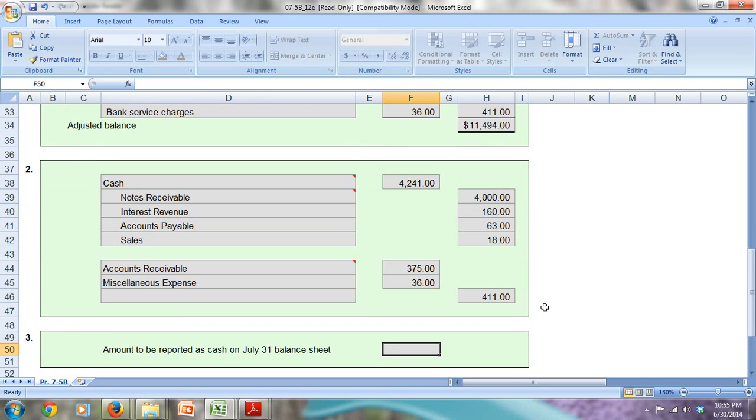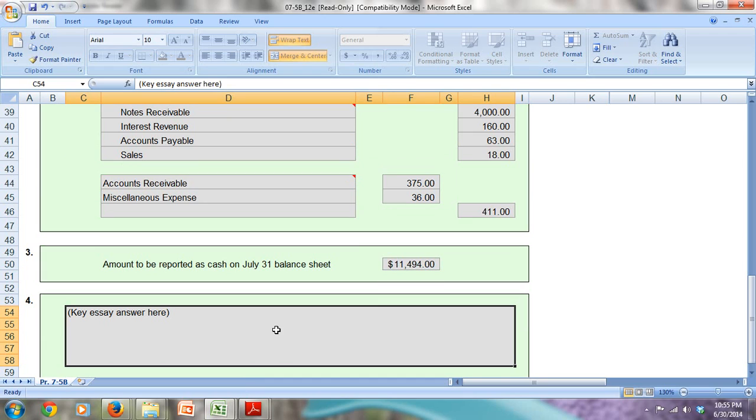And then the cash reported on the balance sheet should be the same as what we report on the reconciliation. And the essay says assume a canceled check for $180 has been incorrectly recorded by the bank. So how would it be included in the bank reconciliation? So if the bank makes the error, we put it in the bank section. And so we wrote a check for $180, and that was the correct amount.